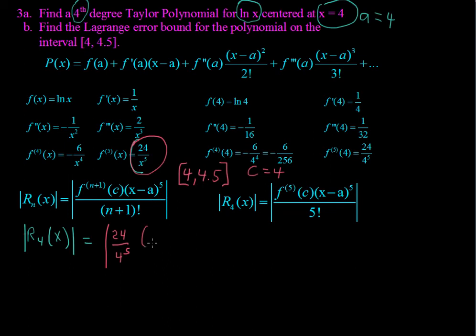So that's going to be times 4.5 minus 4, to the fifth power, over 5 factorial. Okay, that's our value. If you get out your calculator and calculate that, I could turn on the calculator, but I think we'll save the time here.